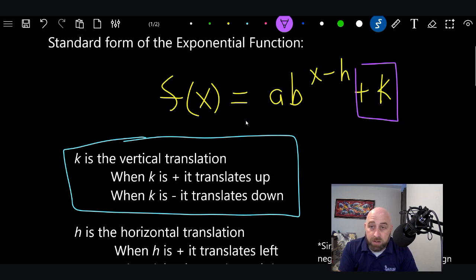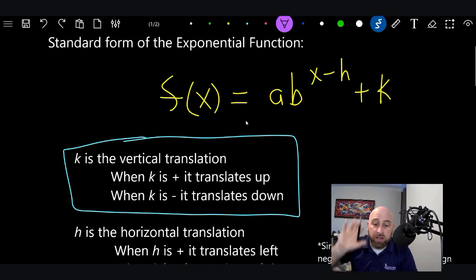K is going to be a number, and k is going to move it. What does k do? Well, if k is positive, then it translates up. If k is negative, then it's going to translate it down. Based on what k does, positive or negative, that's going to tell you whether this exponential function, when it's on the graph, is going to be moving up or down.